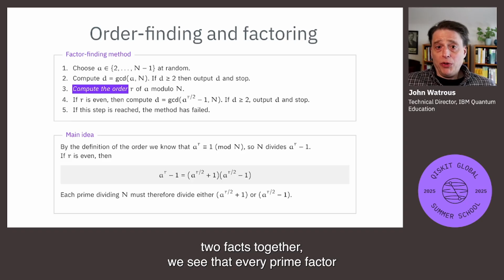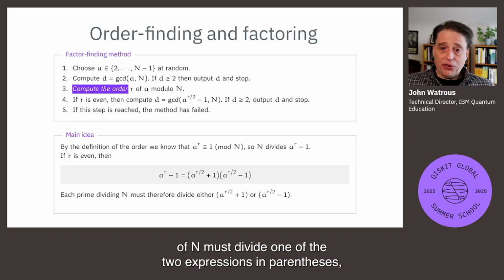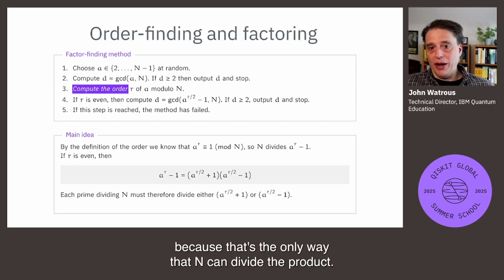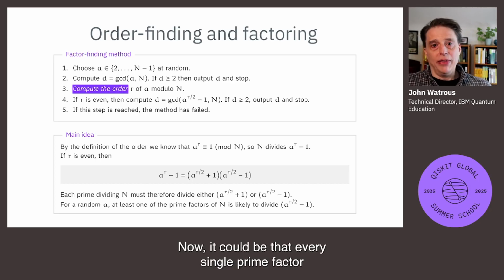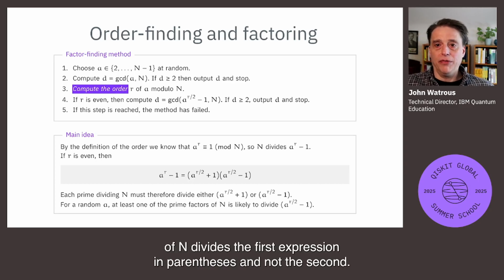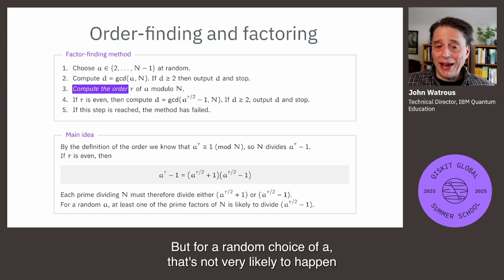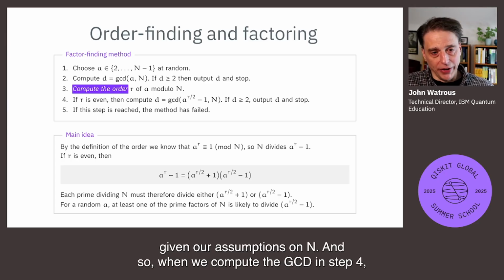And so if we put these two facts together, we see that every prime factor of n must divide one of the two expressions in parentheses, because that's the only way that n can divide the product. Now, it could be that every single prime factor of n divides the first expression in parentheses and not the second, but for a random choice of a, that's not very likely to happen given our assumptions on n.